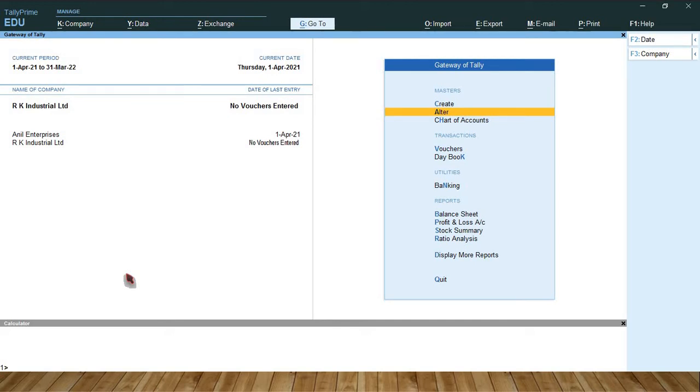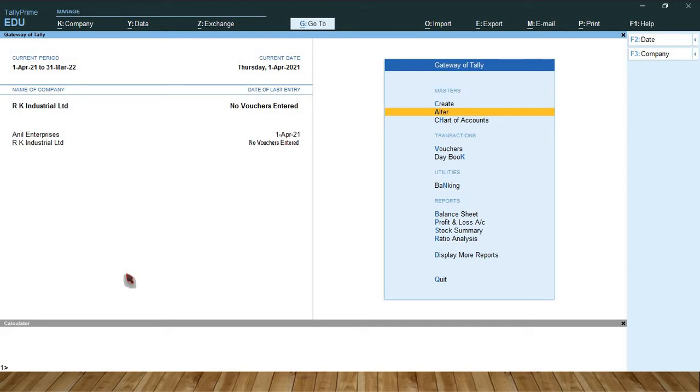Advantages of the auto calculator. When we enable the auto calculator and make a calculation, the ultimate answer or result will appear directly in the amount field.